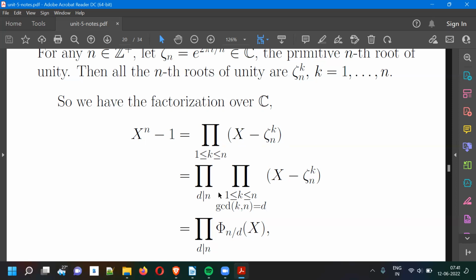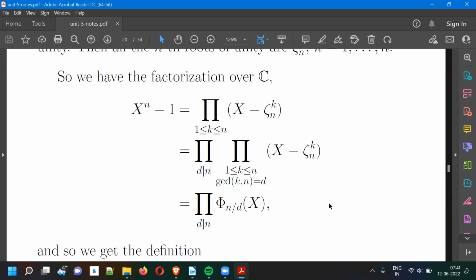But now I have grouped the terms in terms of the divisors of n. So now inside we have this product of some linear factors corresponding to a fixed divisor d. Correct? For every d, there is this product.